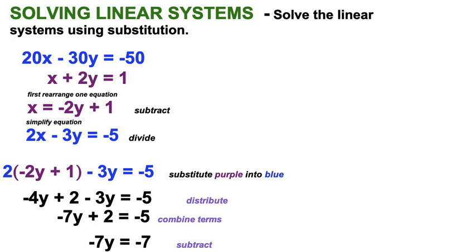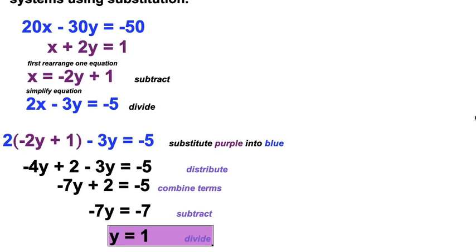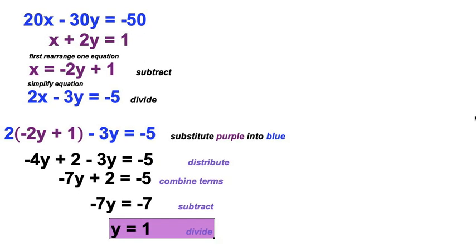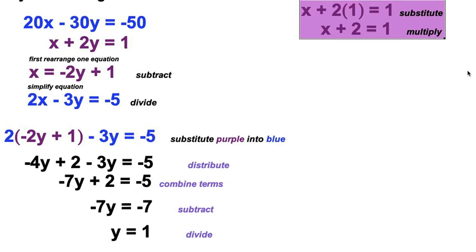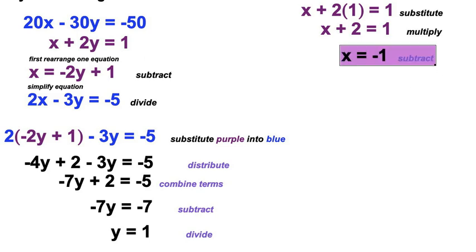Then we're going to divide. Oh, and I think this is the one I had to scroll up. Oh, yeah. So we got y equals 1. How's that? So let's take that, and I'll just use the purple equation and solve for x.